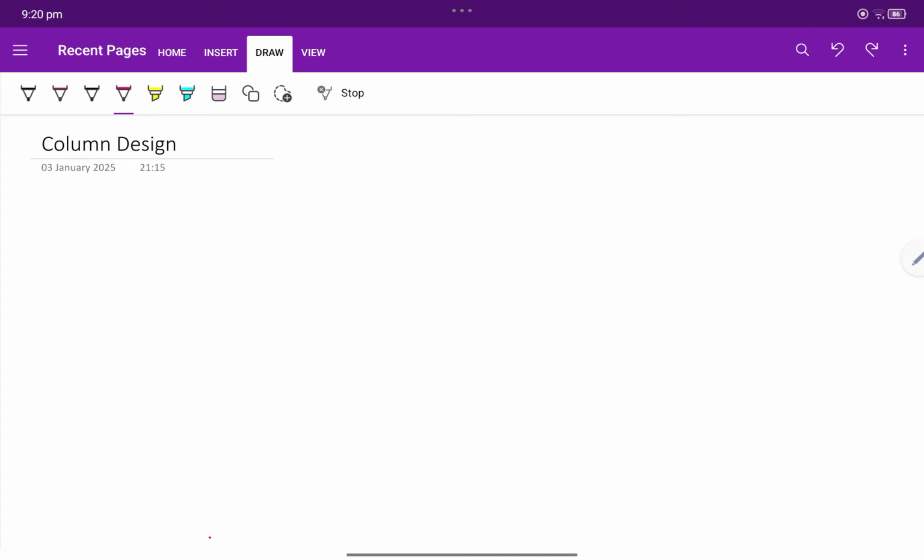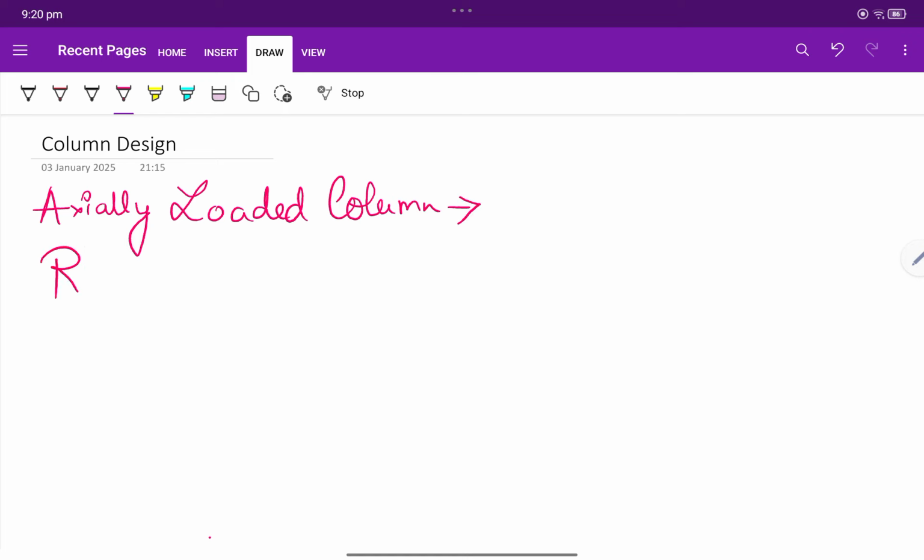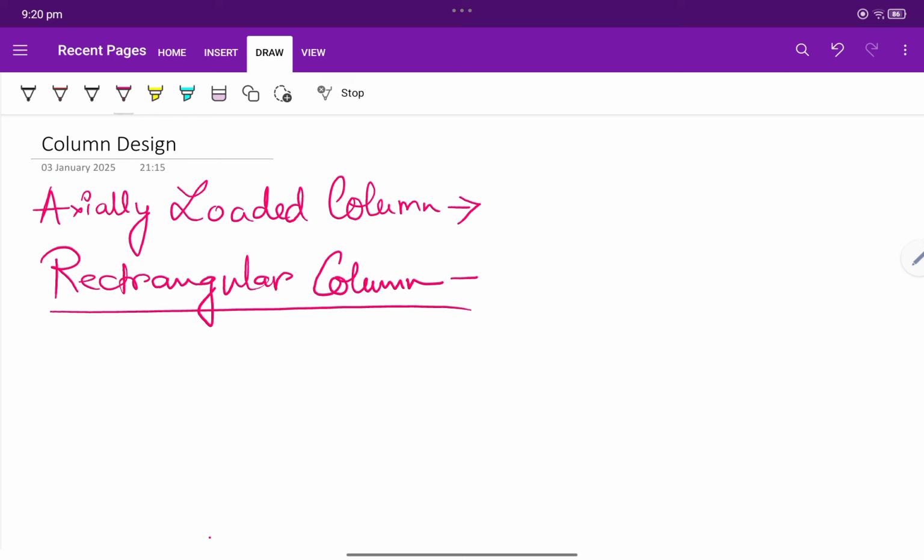Okay, so the step one will be identification of the short column.